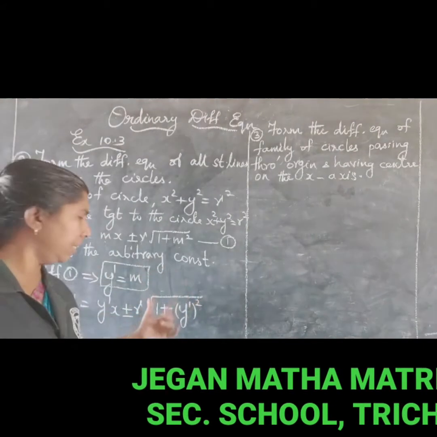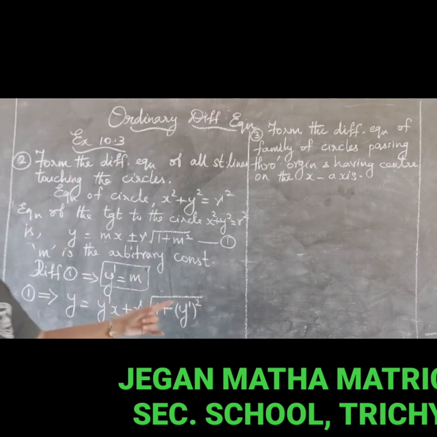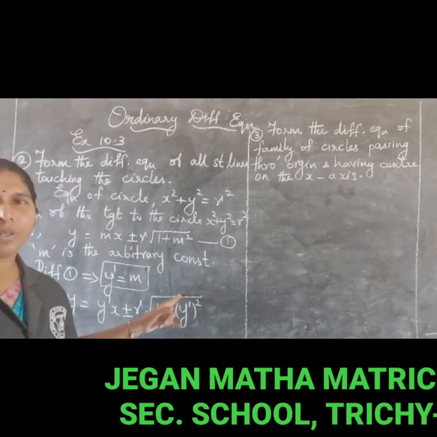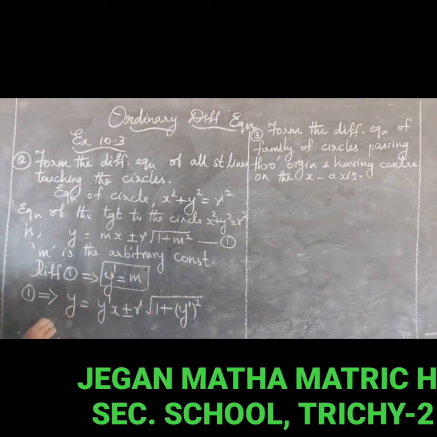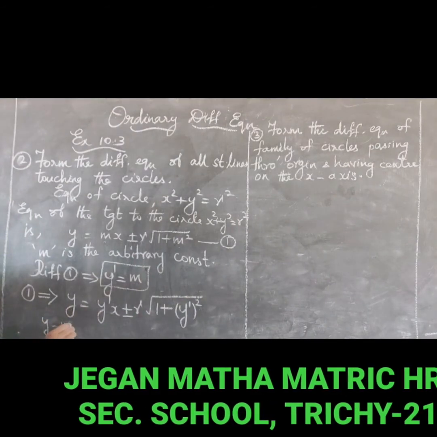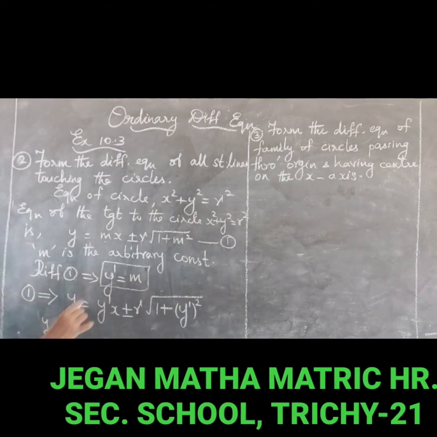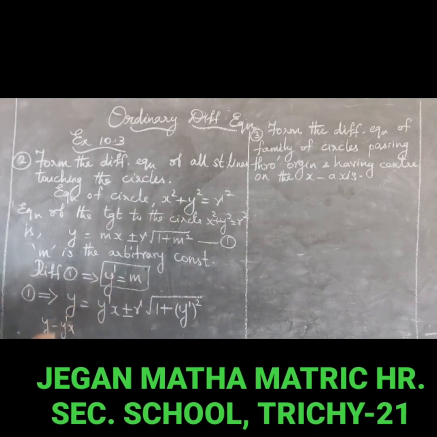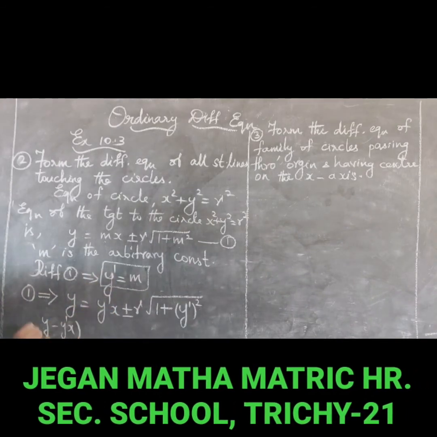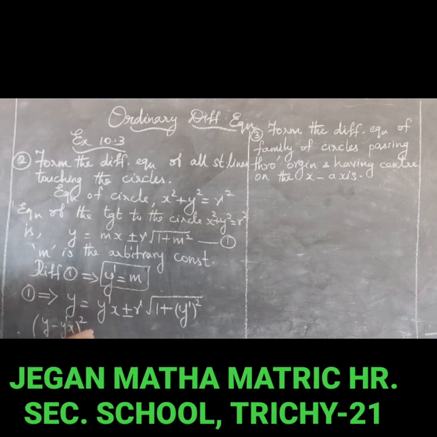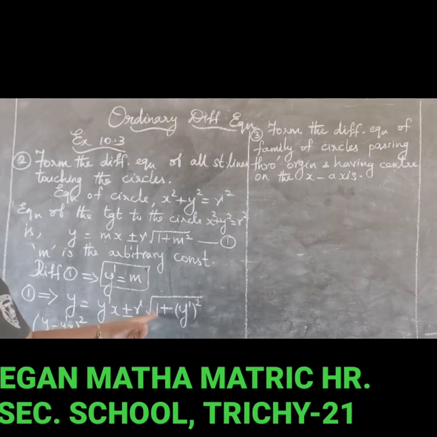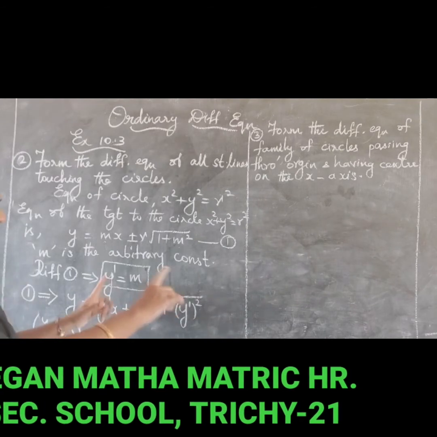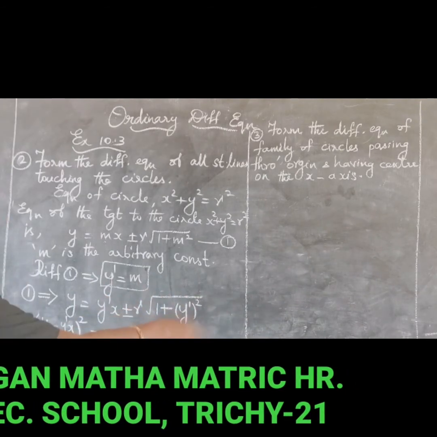If we are writing this as a standard equation, we have to remove the square root symbol. So here we can take y minus y dash x on the left side as a whole square, which is equal to plus or minus r into root of 1 plus y dash the whole square. Again, to remove the root, we square on both sides.